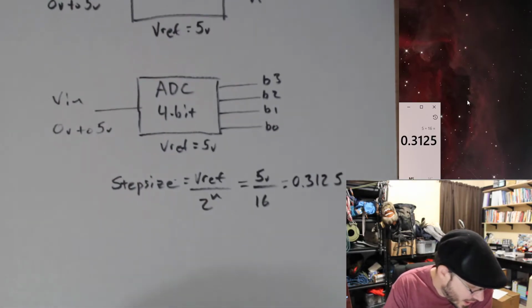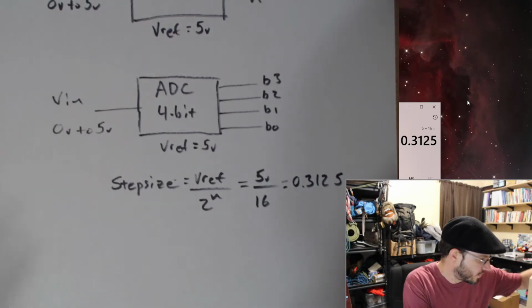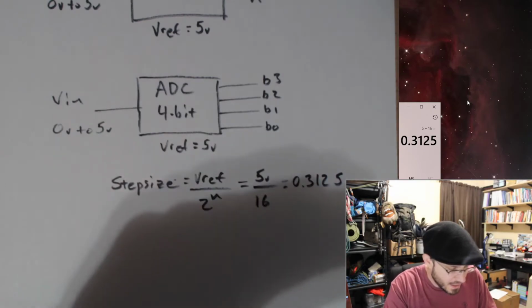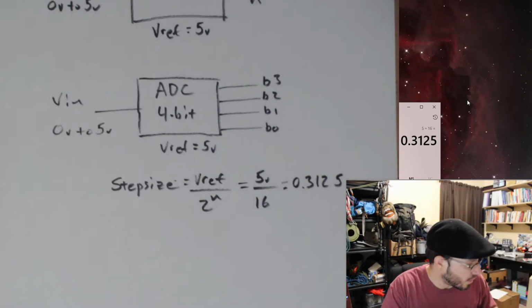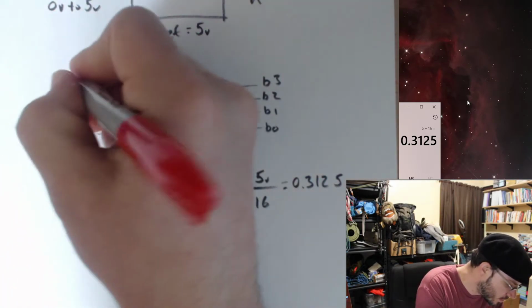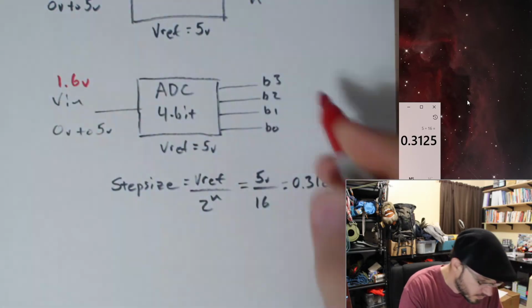And so if I had a value here, and let's just say that in this example, our VIN is going to be 1.6 volts.